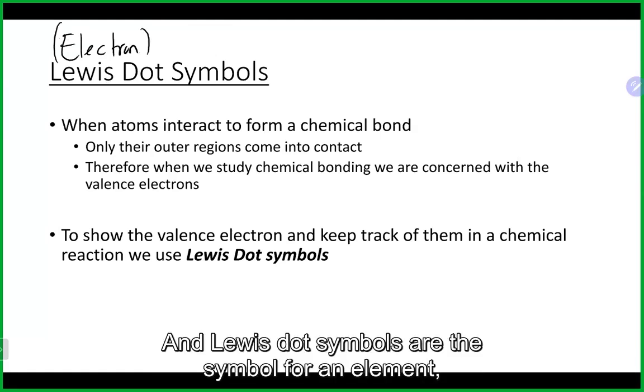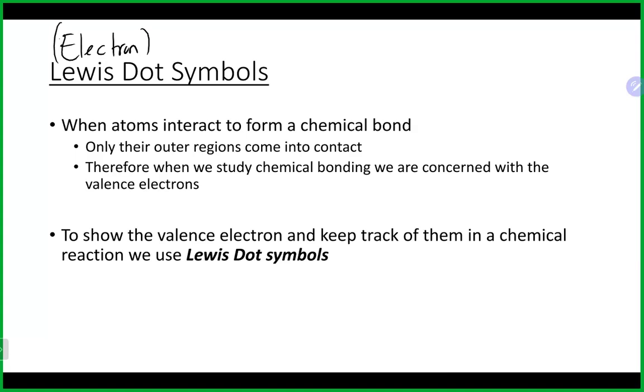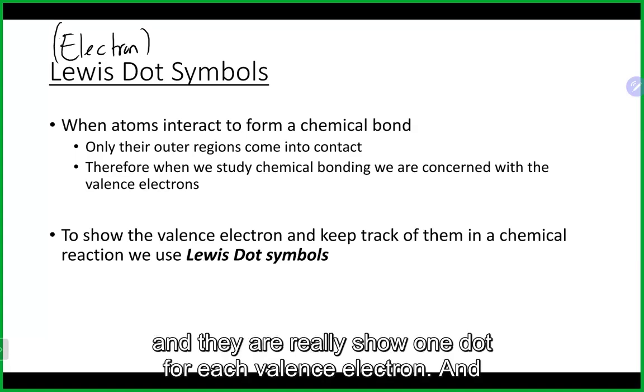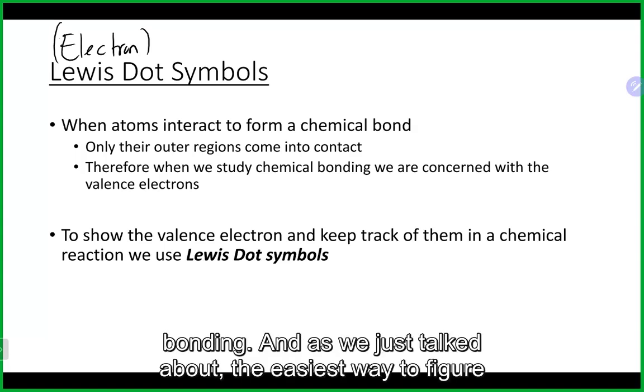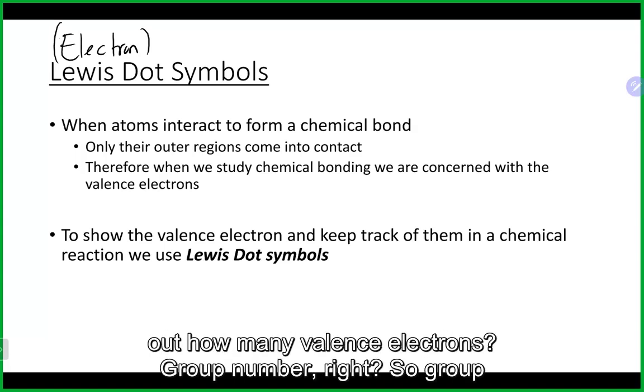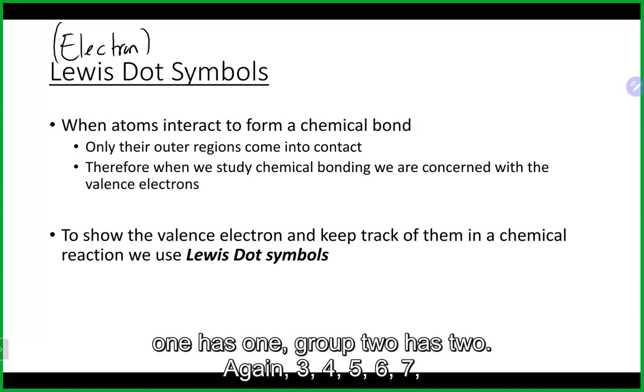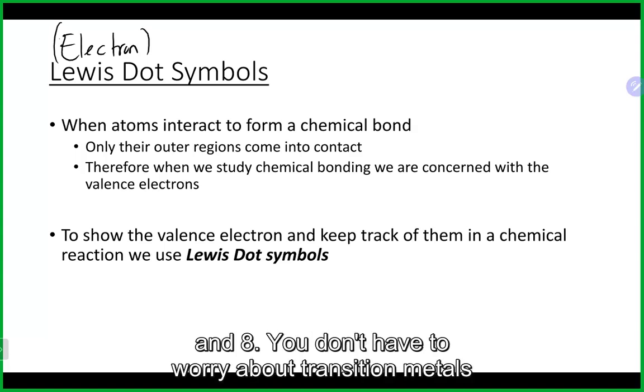Lewis dot symbols are the symbol for an element, and they show one dot for each valence electron. And again, valence electrons are the ones that are involved in bonding. As we just talked about, the easiest way to figure out how many valence electrons is the group number, right? So group 1 has 1, group 2 has 2, again, 3, 4, 5, 6, 7, and 8.